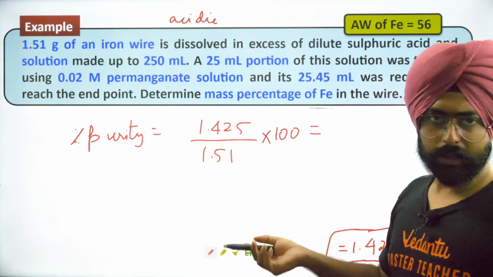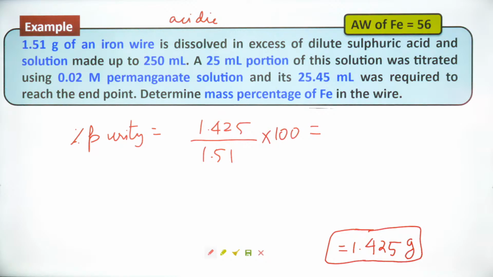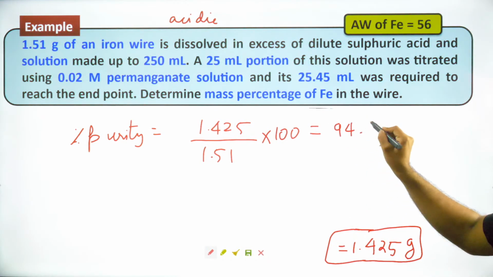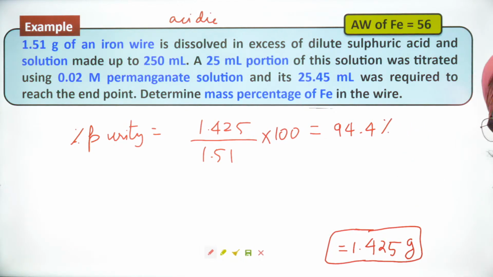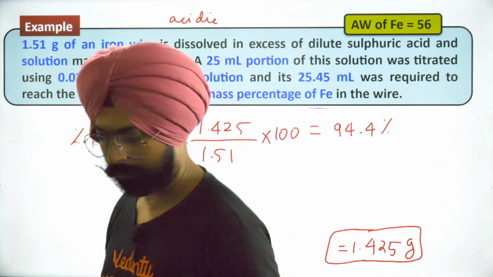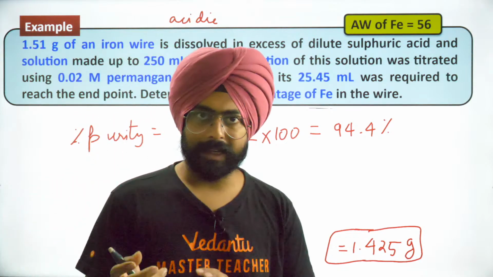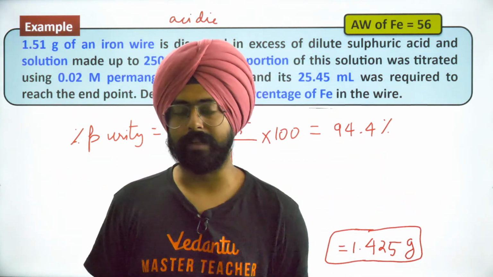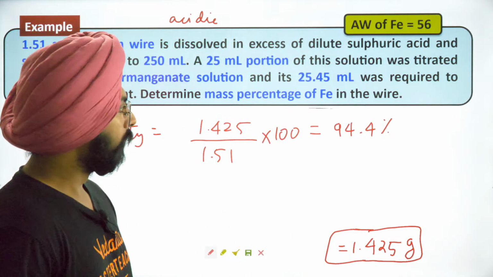If you do the accurate calculation, it comes out to be 94.4%. If you got the answer anywhere in the range of 92 to 94, that's fine, because you would have done some approximation somewhere or the other.